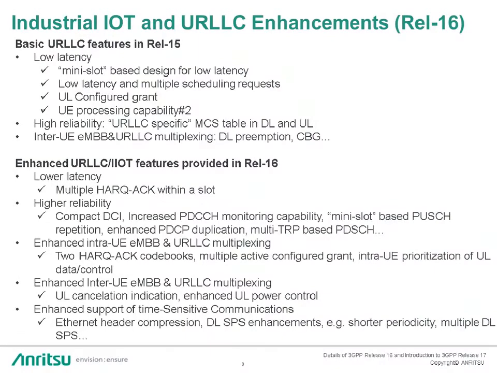This is all to increase the reliability of the link. Then improvements to intra UE eMBB and URLLC multiplexing. So it's possible to have two HARQ-ACK codebooks and multiple active configured grants. Also, inside a UE, there is a prioritization of uplink data and uplink control.